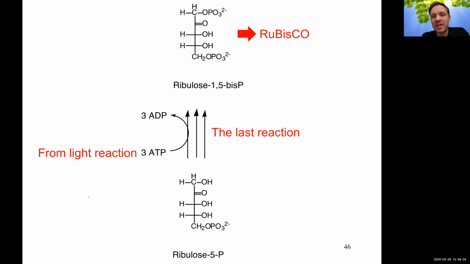and that's really our last reaction. We have now successfully recycled the substrate for Rubisco, and so this recycled ribulose 1,5-bisphosphate can now undergo another reaction of carbon fixation. So that's the last reaction. That's how we can use all of our ATP and our NADPH to generate new sugars in the form of G3P.